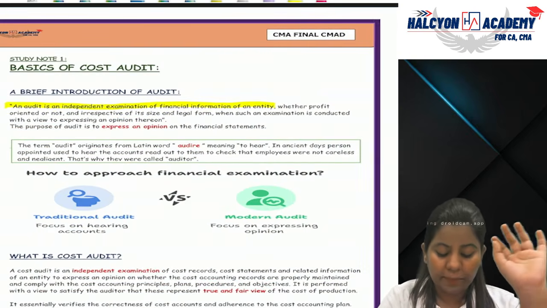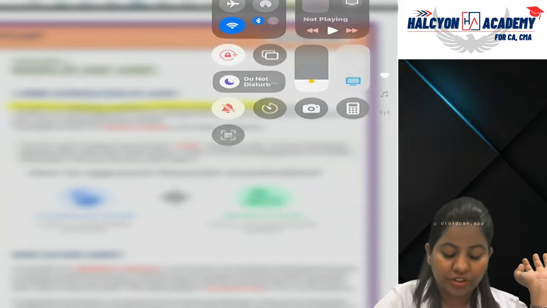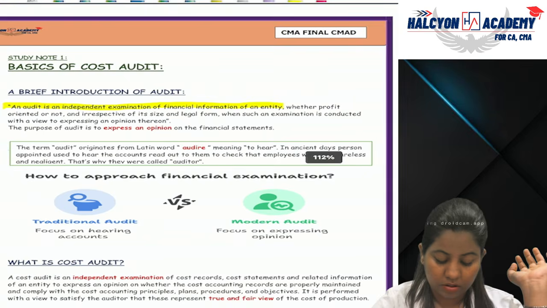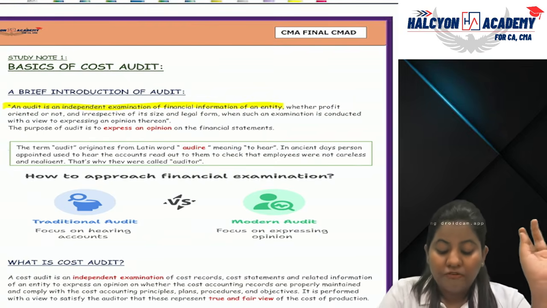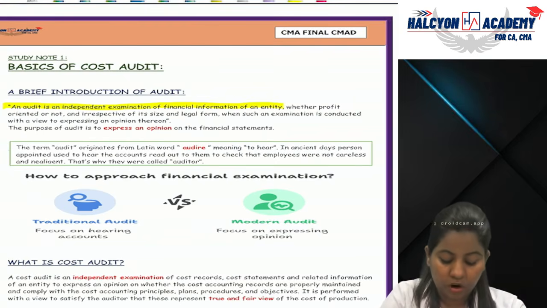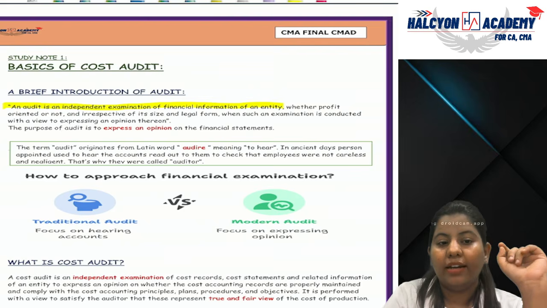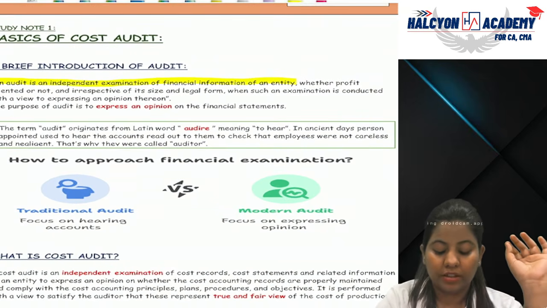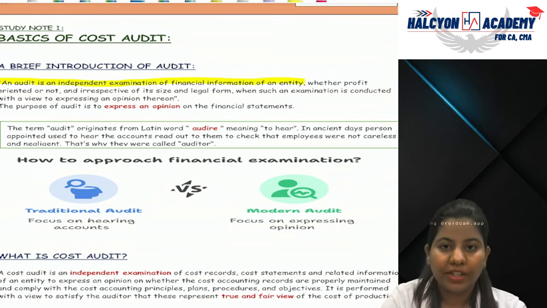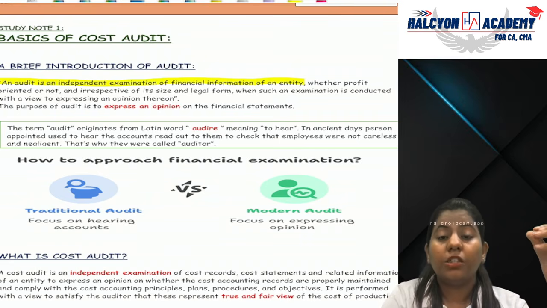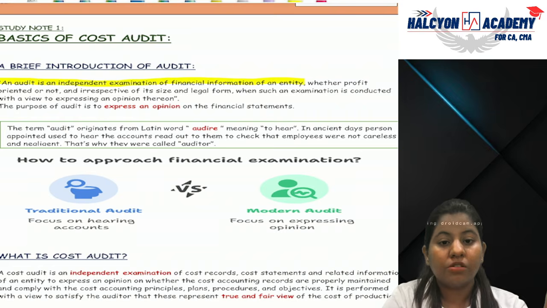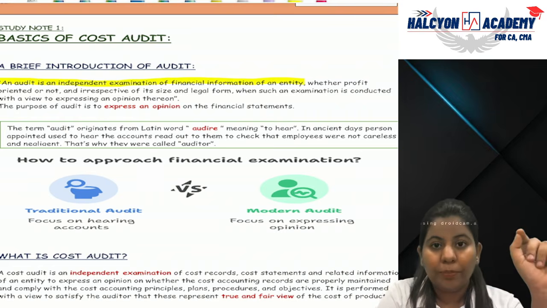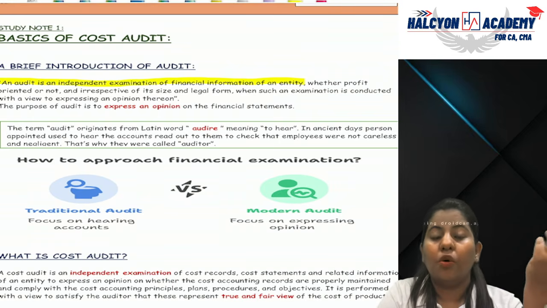An audit is an independent examination of financial information of an entity, whether profit oriented or not, irrespective of its size and legal form. What it is saying is, it does not really matter whether the entity is profit oriented or not, whether it is a small business or a large business, whether it is a public company or a private company, a trust or a firm.